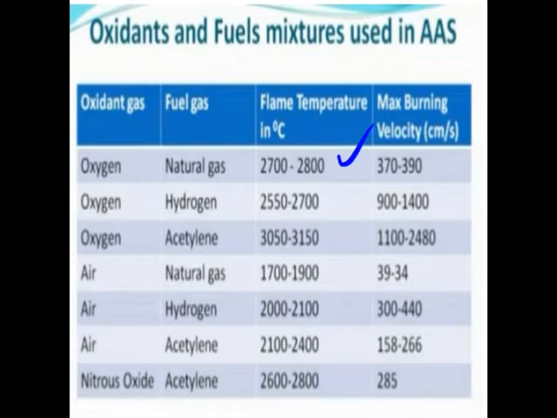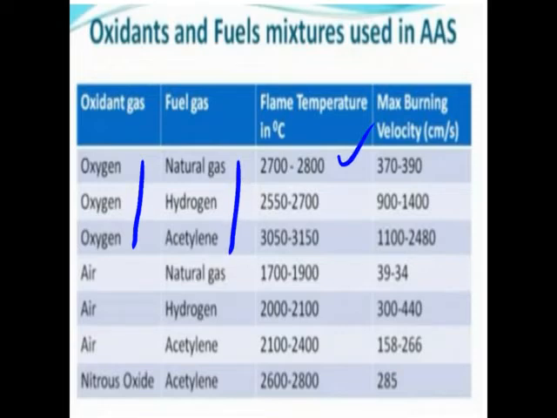With oxygen and hydrogen as the fuel gas, it goes from 2550 to 2700. Similarly, oxygen and acetylene give the higher temperature, which is 3050 to 3150. Now the same fuel gases along with air.